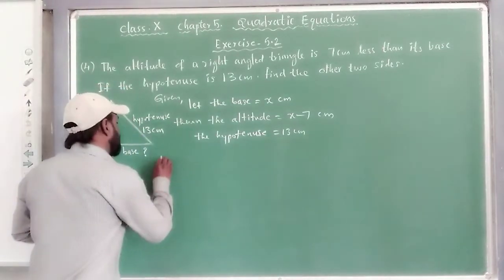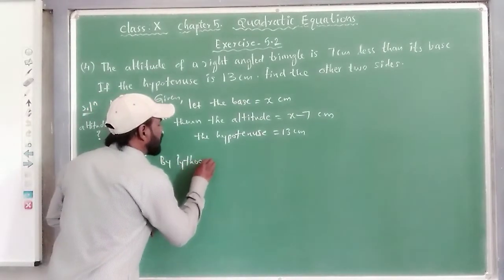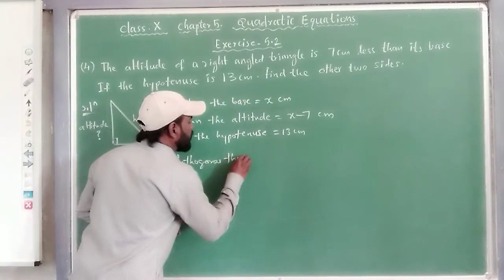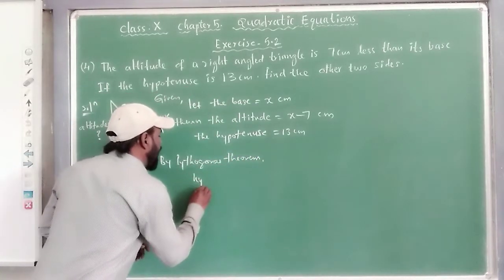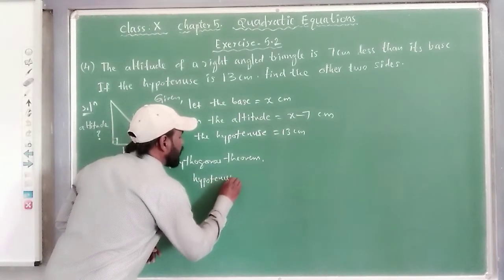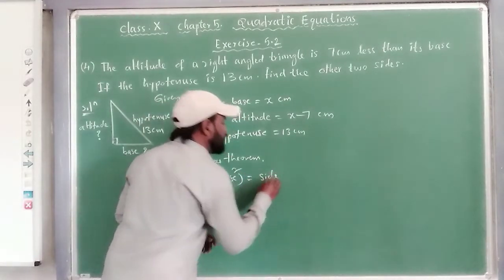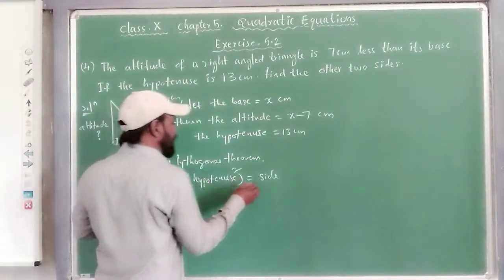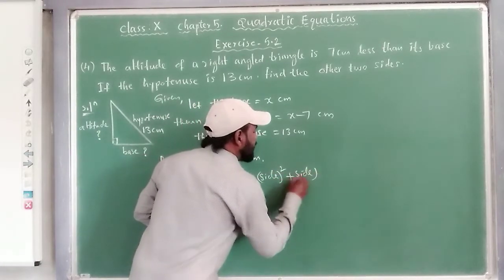So by the Pythagoras theorem, in a right angle triangle, hypotenuse square is equal to the remaining two sides, base and height: side square plus side square.